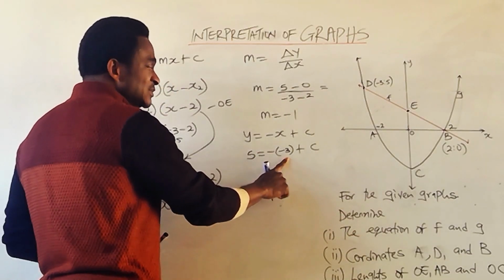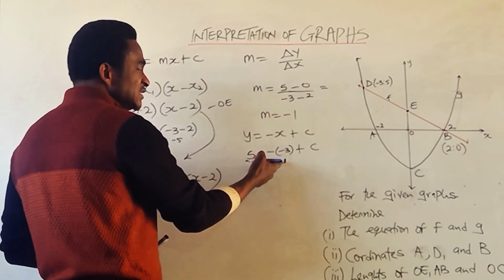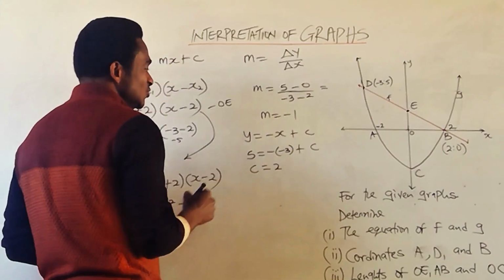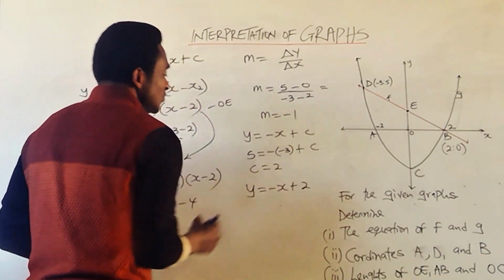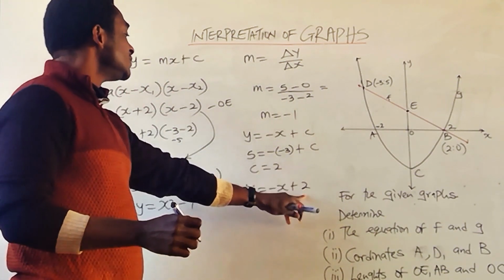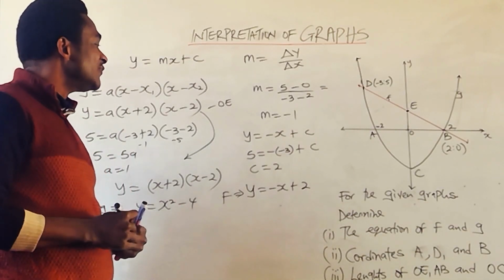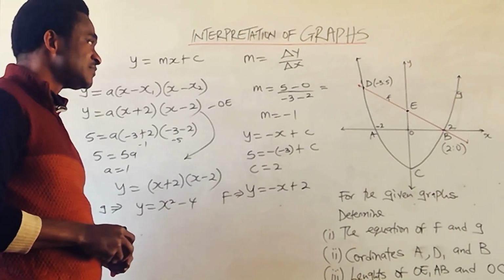So that becomes +3. Our 5 equals 3 plus c, and +3 crossing over becomes -3, which gives 2. So the equation of this graph will be -x plus 2. So our f is negative x plus 2, our g is x squared minus 4. Now we've gotten the equations of our graphs of f and g.